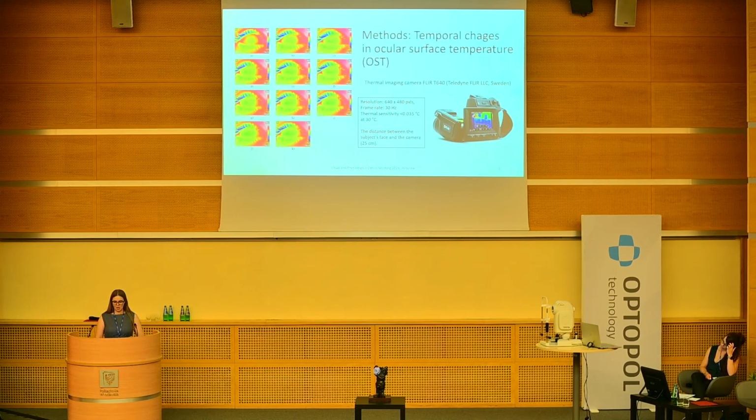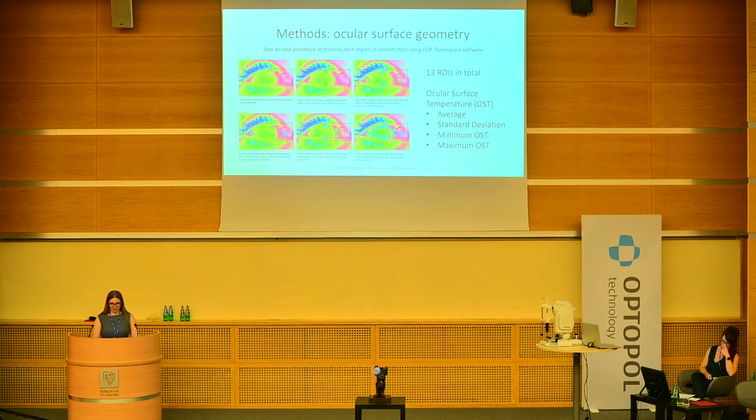It has a different name, but it was specifically chosen to work on the ocular surface because it has very good thermal sensitivity in that 30 degrees Celsius area that we expect from the ocular surface. It was placed around 25 centimeters from each patient, perpendicularly, and we assessed a 10-second period without blinking, so it was suppressed blinking conditions like in breakup time, and we followed the temperature right there.